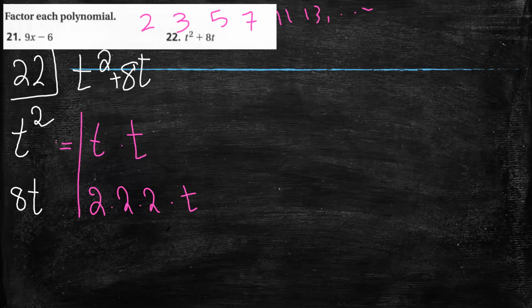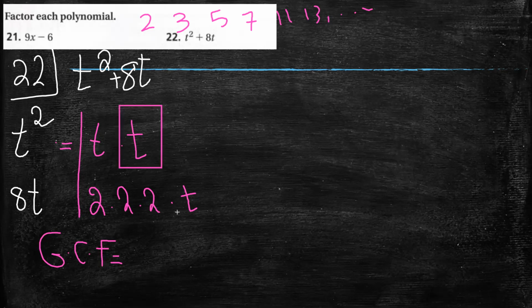Yes. Okay. Then the second step is to find the GCF. What is the common factor here? T. It is t, the greatest common factor. So I will pick them, since they are the same.